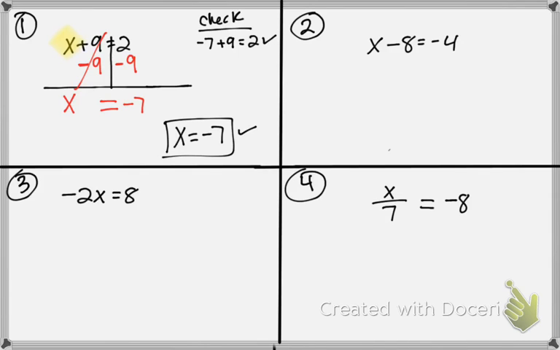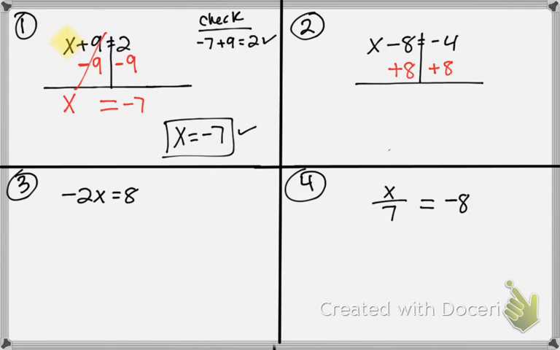Number 2, we have something similar, except it has this negative, right? So I'm going to go ahead and draw my line. Okay. And so right now we have a minus 8 with the x, and I want the x by itself. So to undo a minus, we're going to add 8. Okay, whatever you do on one side, you've got to do on the other.